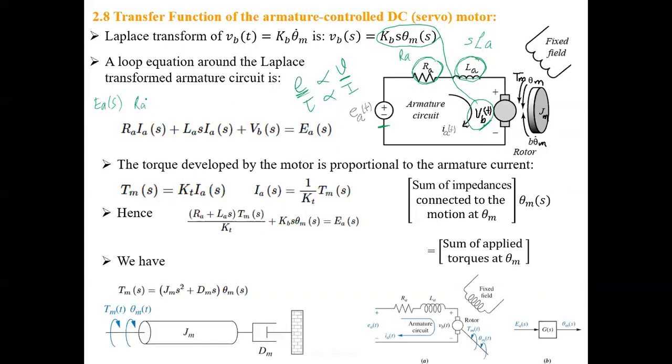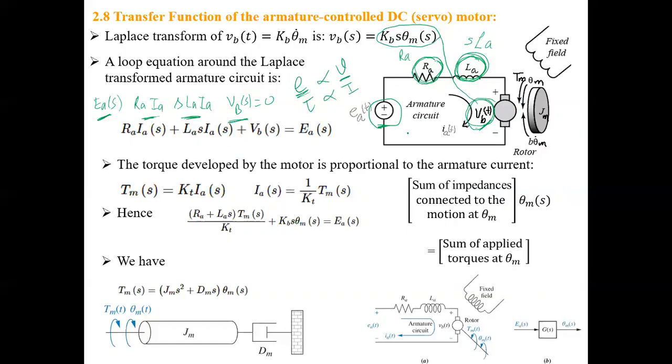Then you have RAIA, right? Then LA SLA IA. Then you have BB, S equals 0, right? So this guy is that, this guy is that, this guy is that. That's all, right? We don't have anything else.